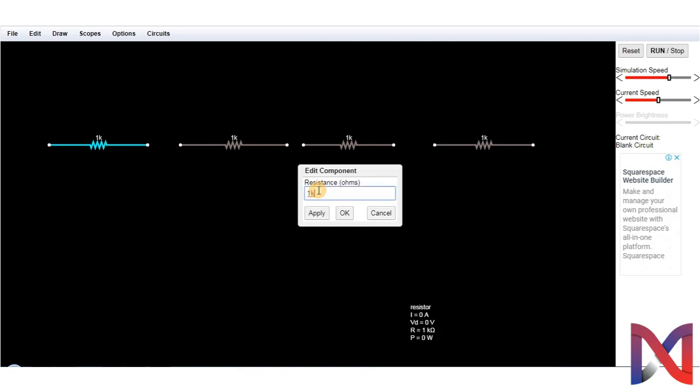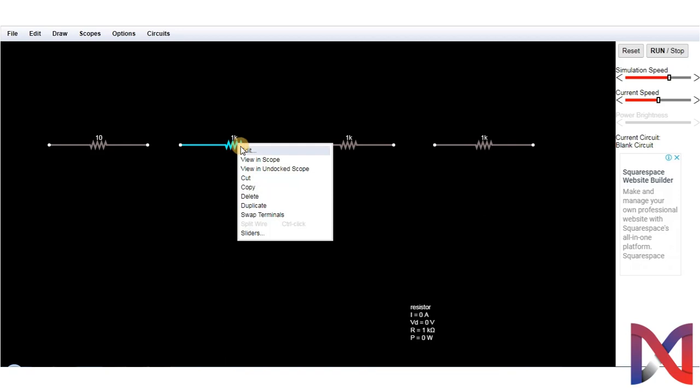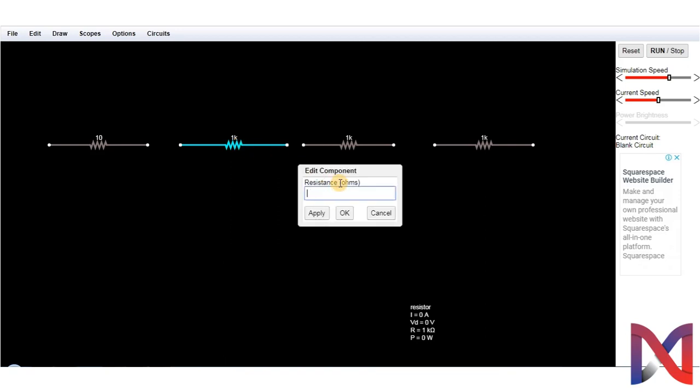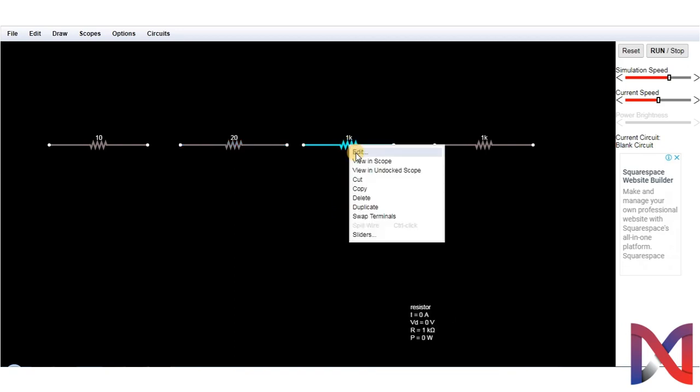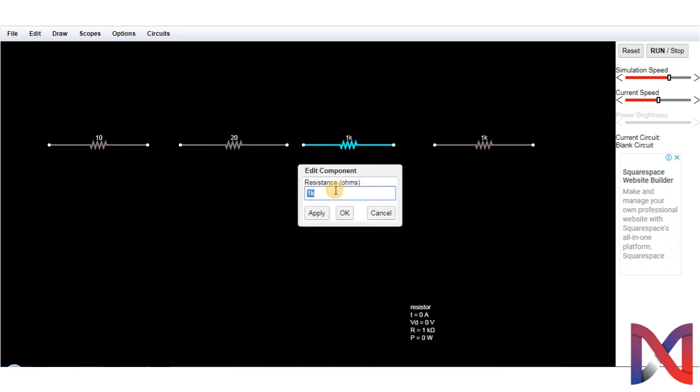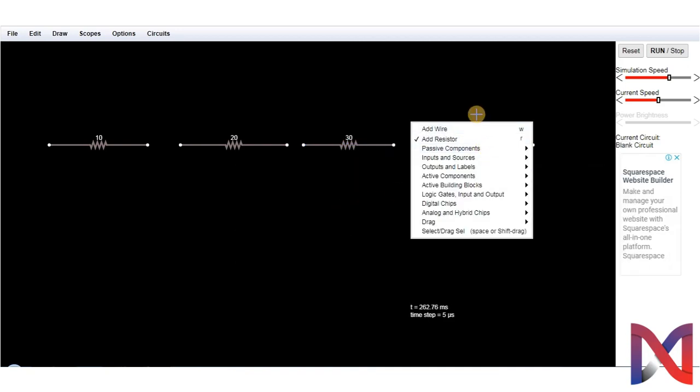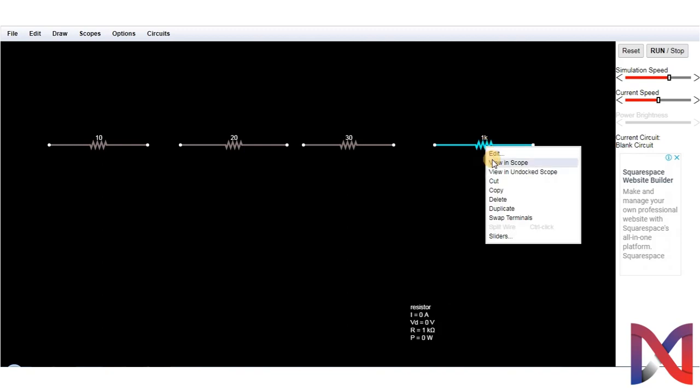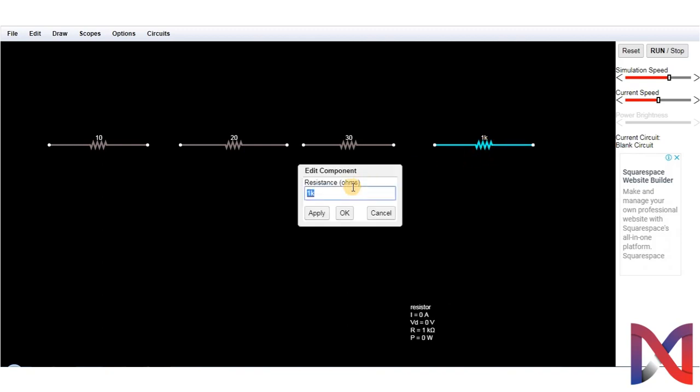Our first resistor was of 10 ohm, second was of 20 ohm, third was 30 ohms, and fourth resistor was of 40 ohms.